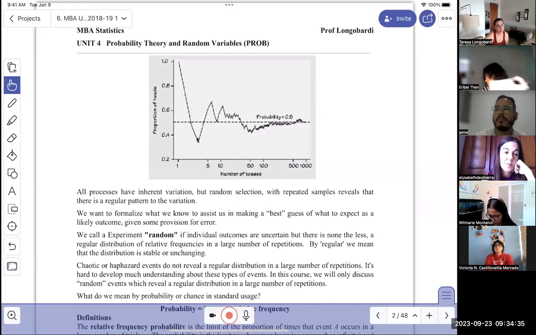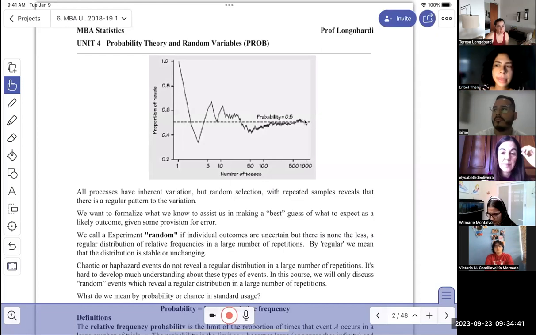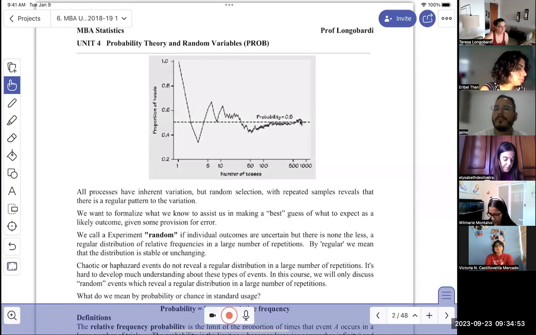And then we flip again. So the beginning will be a little different if I start this chart, but in the end, if I flip it enough times, it looks like by 1,000, pretty much 50% of the flips will be heads and 50% will be tails. So it takes a number of trials to be able to exhibit that expectation, right?